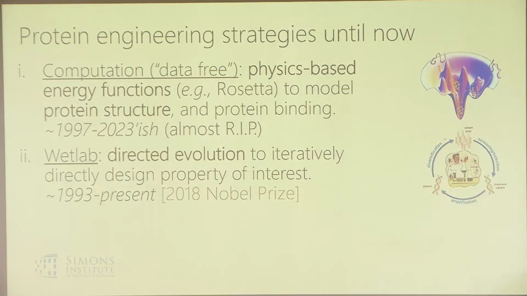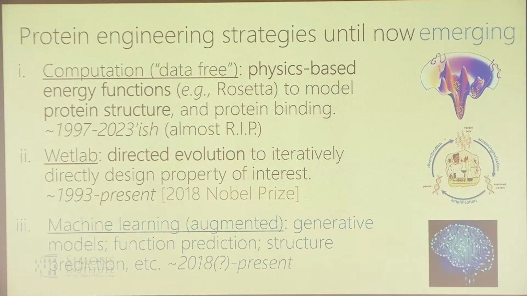And then of course from the completely other side, the wet lab side, which sometimes uses a little bit of computation to help itself, but is primarily an iterative wet lab cycle and got the Nobel Prize in 2018, is directed evolution. And of course, the reason we're all talking about this now is that machine learning has started in a fairly fundamental way to integrate with all of these.